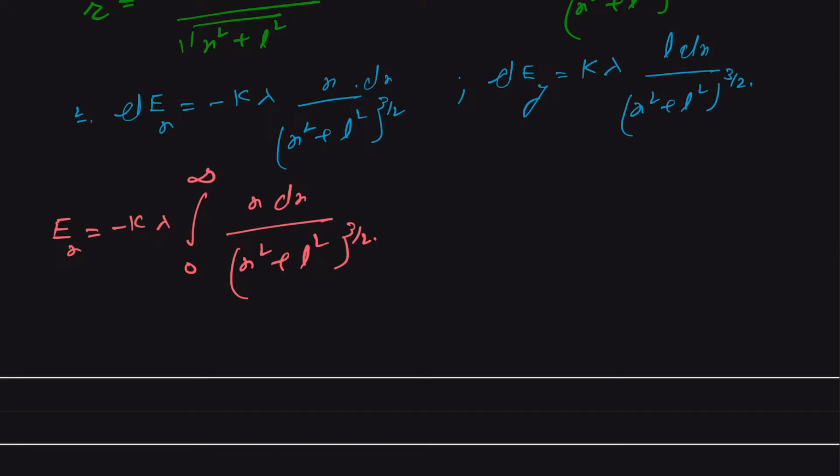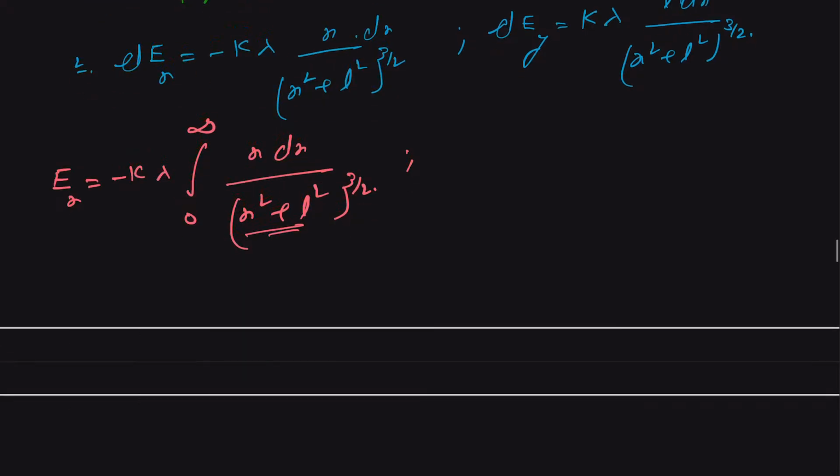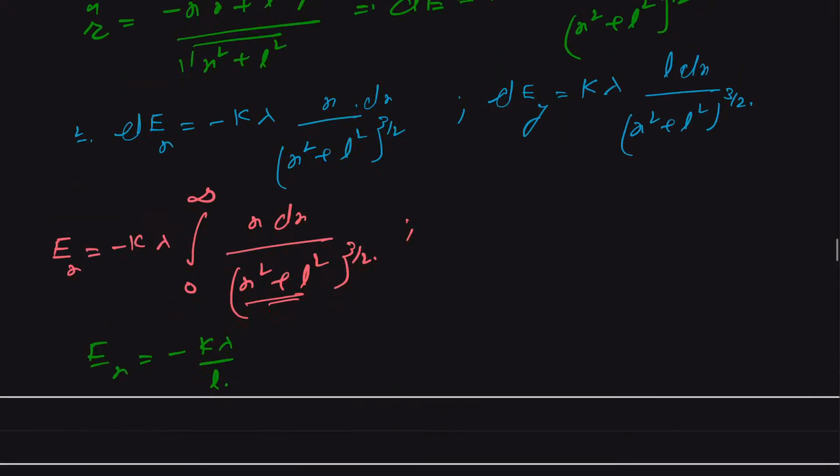And this is quite easy. We can just assume that this x square plus L square is equal to u and substitute it. So I'm just going to write the answer directly. So we are going to get the electric field in x direction, E of x will be equal to minus k lambda upon L. Similarly, we can integrate for our y direction.